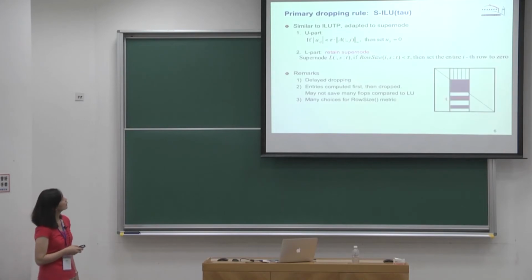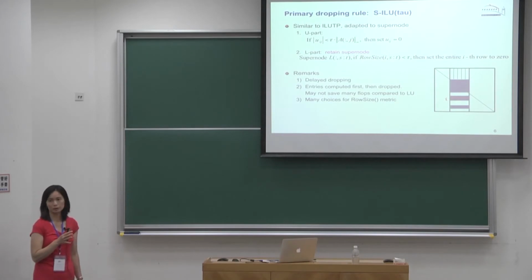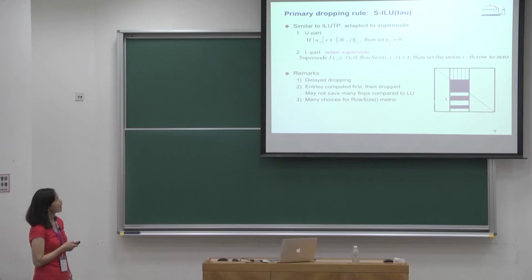So that's the idea. So the primary dropping rule, which we have adapted from the column-wise code, is really to look at each panel. This part is already factorized, right? So you have the L part here. And then in the original Yousef Saad scheme, for one column here, you drop the elements which are smaller than a certain threshold.